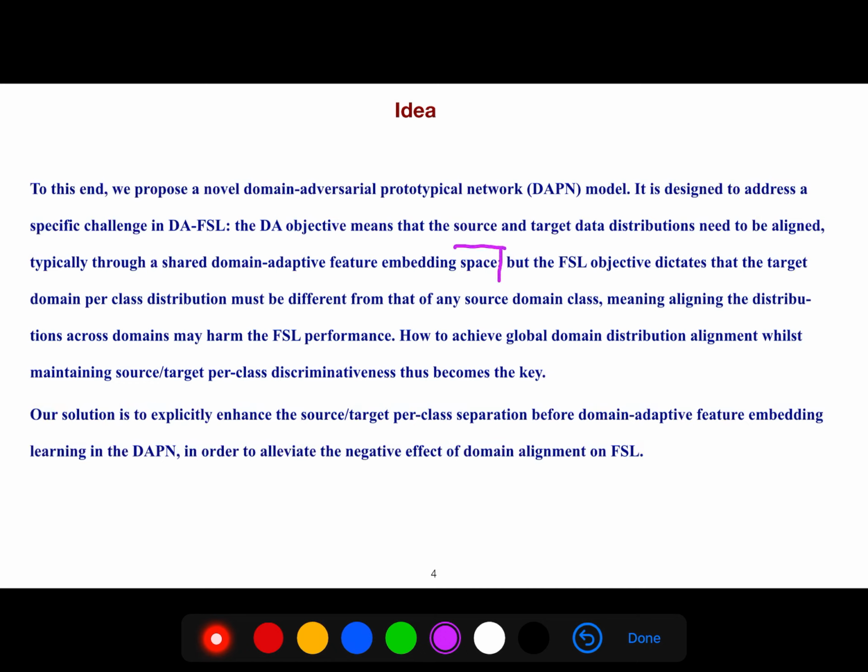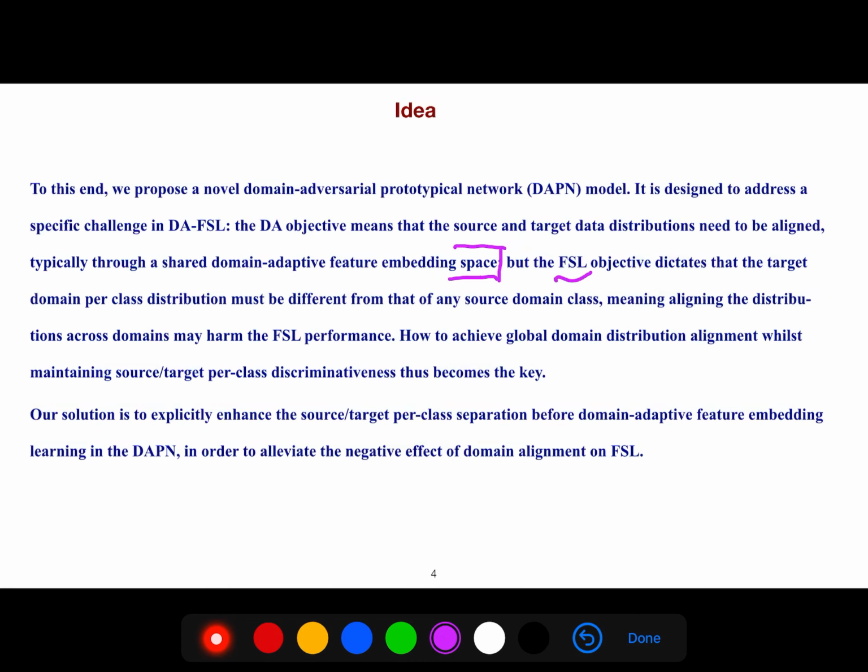This is the typical paradigm in domain adaptation in transfer learning. But the few-shot learning objective dictates that the target domain per class distribution must be different from any of the source domain, meaning aligning the distribution across domain may harm few-shot learning performance.